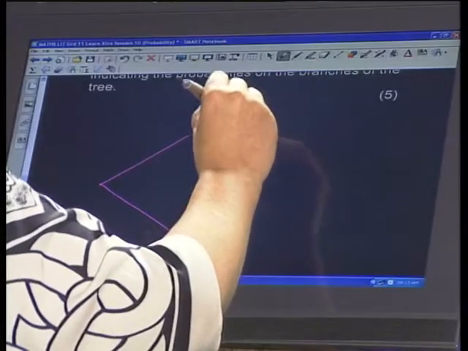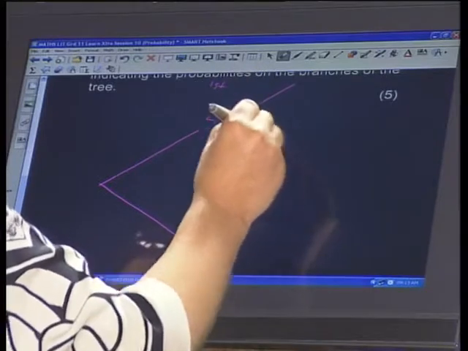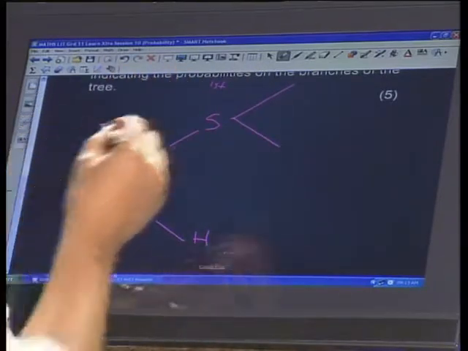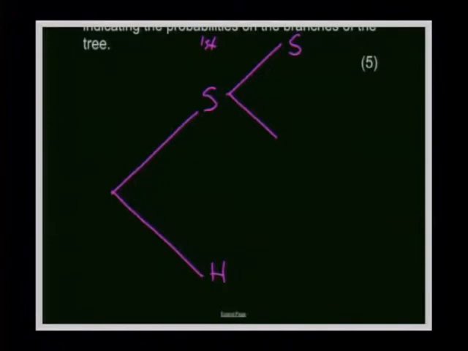So if I chose a soft-scented, I still have 2 options for my second chocolate. It can be a soft center or a hard center. That's one branch. Now we've got our second branch. Well, we've got a soft center and a hard center. Now I have all my possible outcomes for these events occurring.